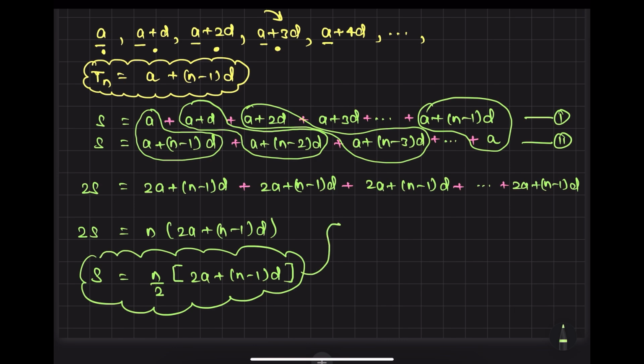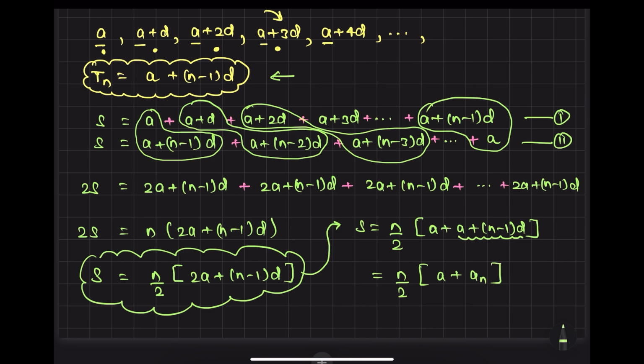Also you can break down this thing into, like we have studied in class 10th, n by 2 into a plus n minus 1 d. Do you know this member? Yes, the last term. So can I write this thing as n by 2 into a plus an, the nth term. So this is also sum of n terms of an AP.